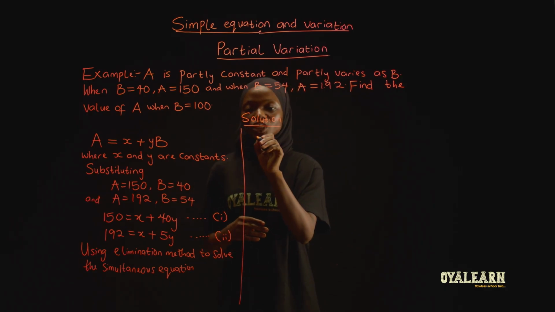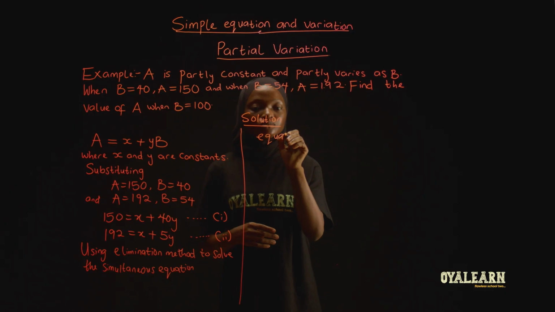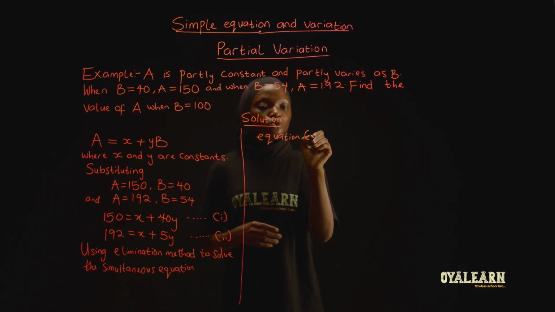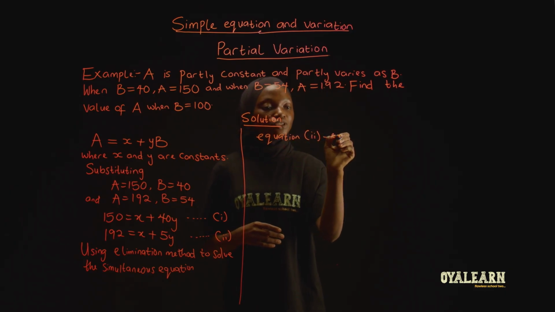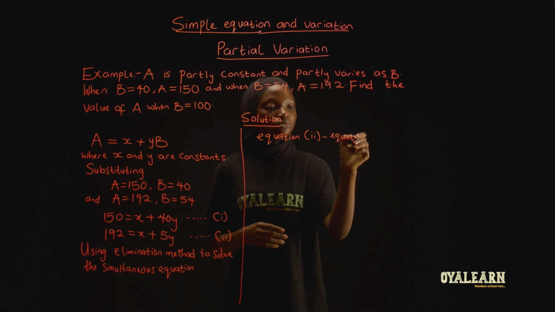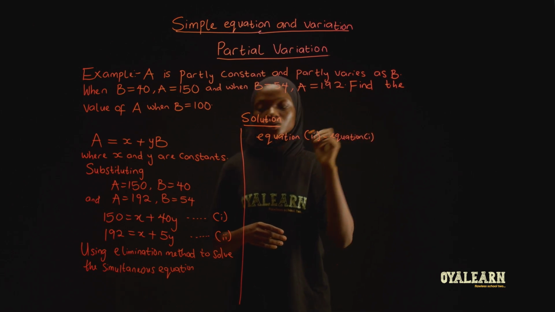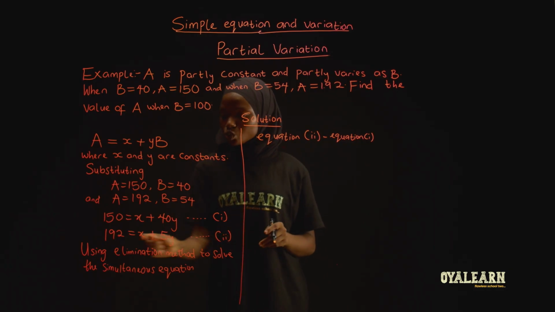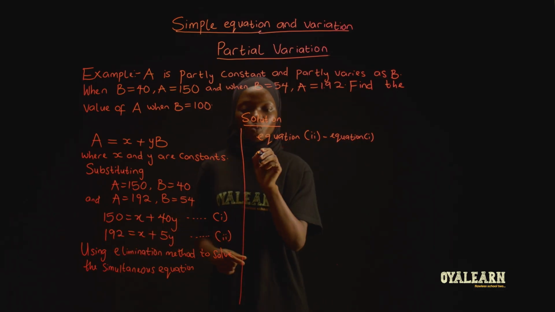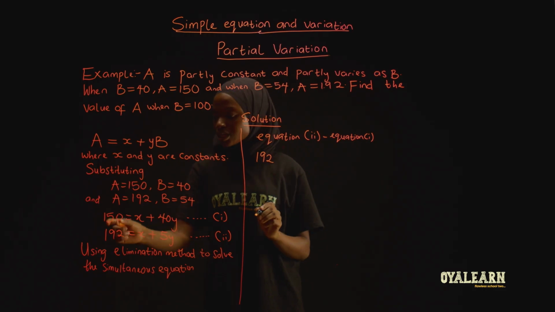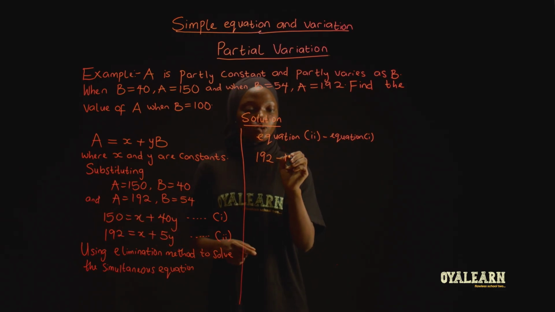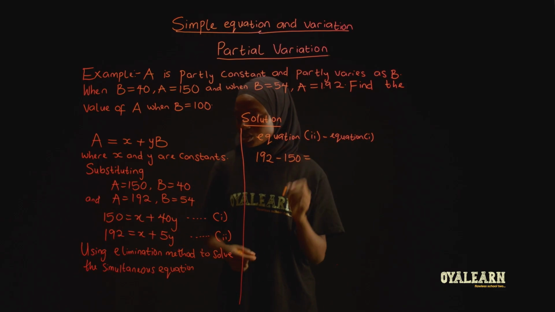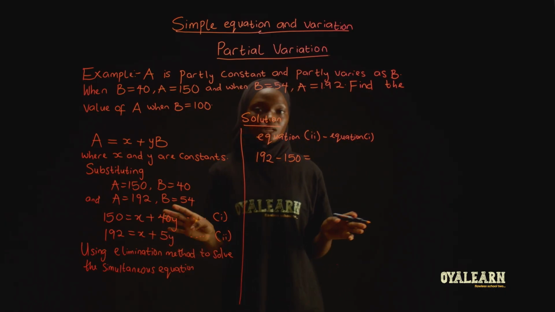So I would say equation 2 minus equation 1. So to do that, from my equation 2 here, we have 192, then minus 150, equals, now when you say X minus X, that cancels out, we have 0.